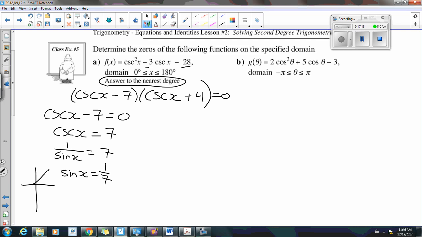Now, sine is positive, so I'm going to have one solution from quadrant 1 and one solution from quadrant 2. I just use my inverse function here to find out my reference angle, because I don't need an exact value. And I find a reference angle to be 8 degrees. So this angle is 8 degrees in quadrant 1. In quadrant 2, I'm going to have to go 180 minus 8, which is 172 degrees. So that's from our first factor.